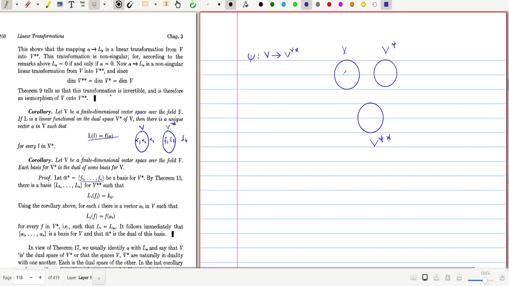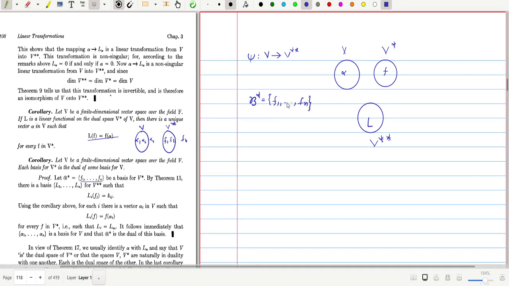I represent elements of V as alpha, elements of V star as f, and elements of V double star as L. Now we start with a basis of V star, consisting of the basis elements f1, etc., fn. This is in fact just a basis, need not be a dual basis of something. We need to prove that this is a dual basis of something.